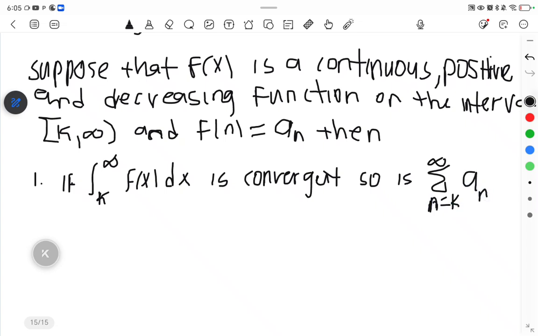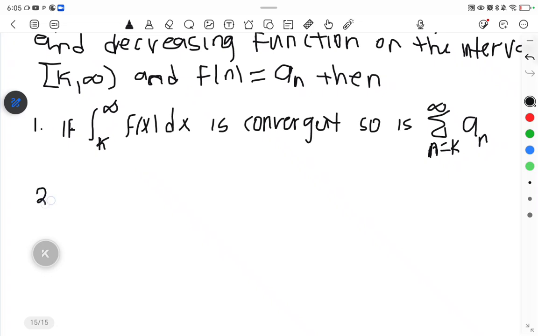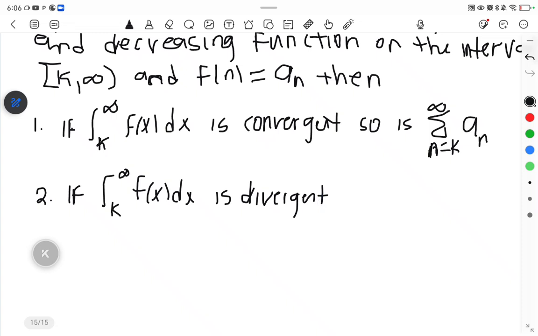And then the second condition, if the integral of f of x dx is divergent, so is the series from n equals k of a n.